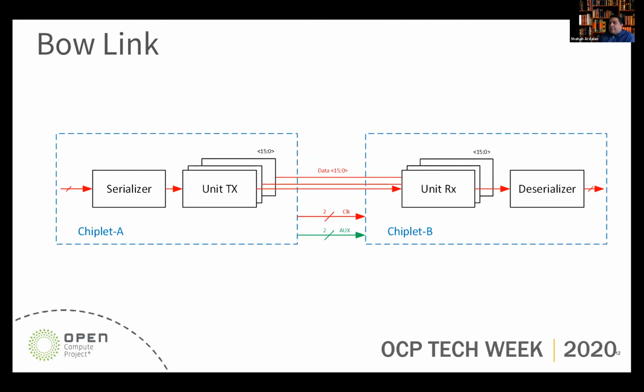In contrast, when we are talking about XSR 112 gig, the unit is 2 data, which is a differential link, and there is no clock and no auxiliary. That's the comparison that we can make to find out the beachfront and all the other parameters that we want to extract.